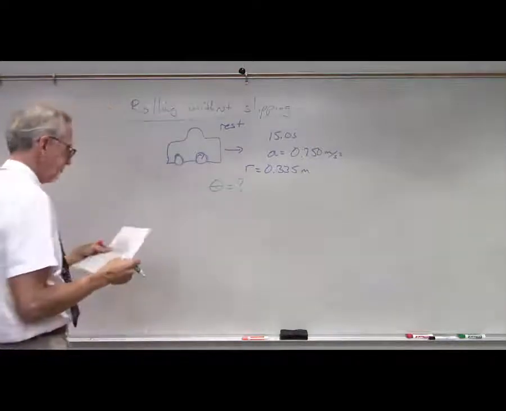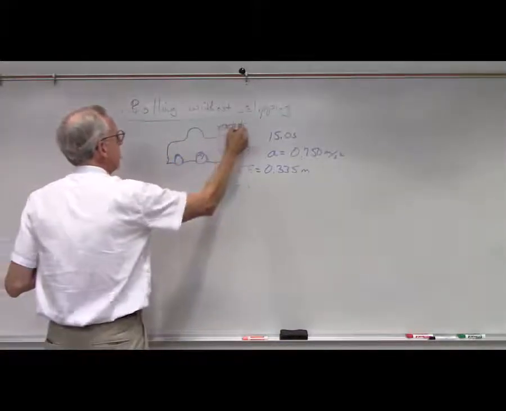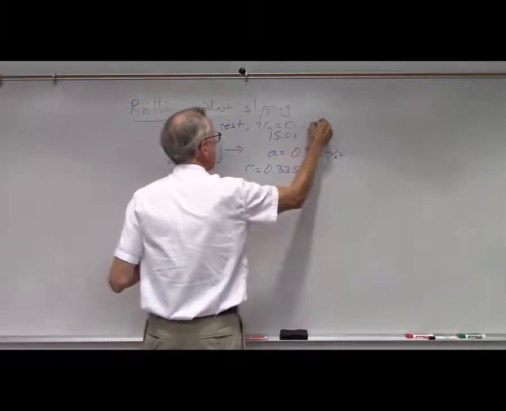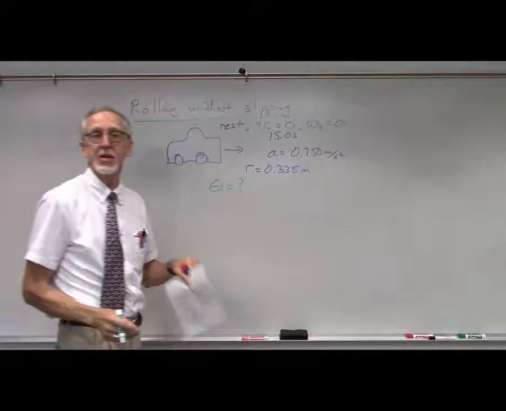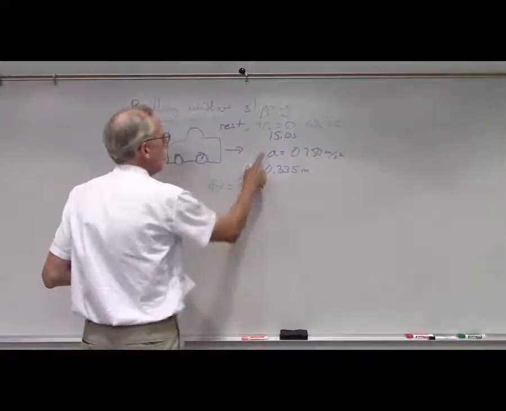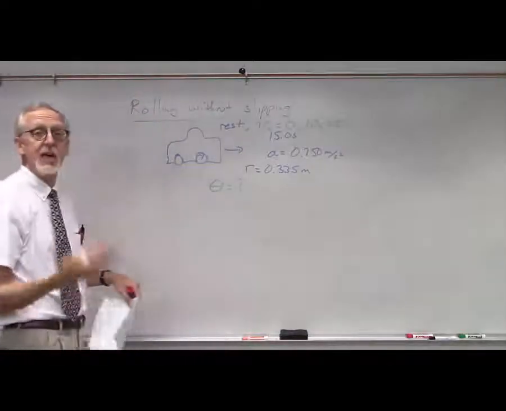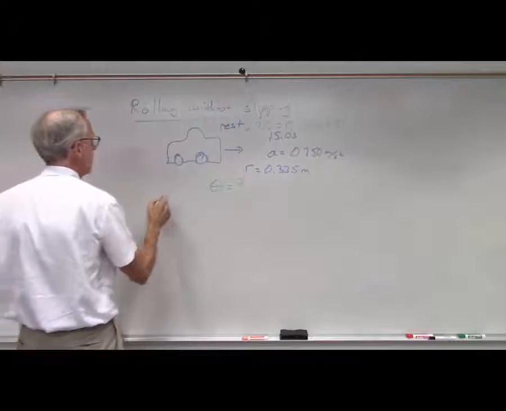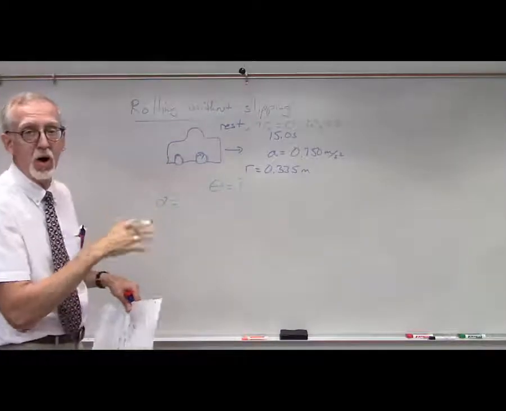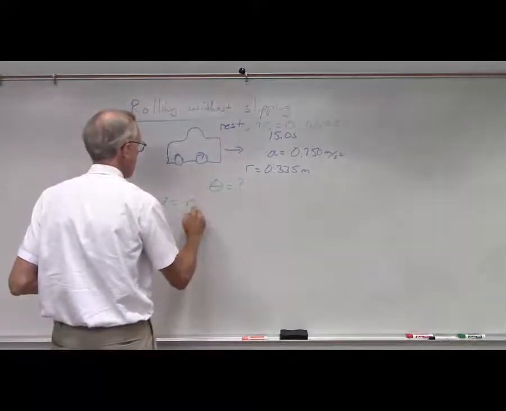Okay, so let's think about this. We're saying that it starts from rest, so we know that the initial velocity is 0. Likewise, the initial angular velocity for the tires is also 0. We know if we've got a linear acceleration, then we must have an angular acceleration. So what is the angular acceleration? Well, we know that a is equal to r alpha, so alpha is a over r.